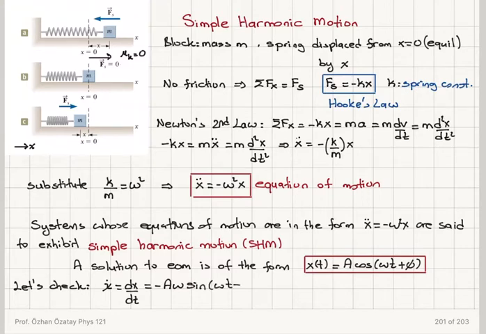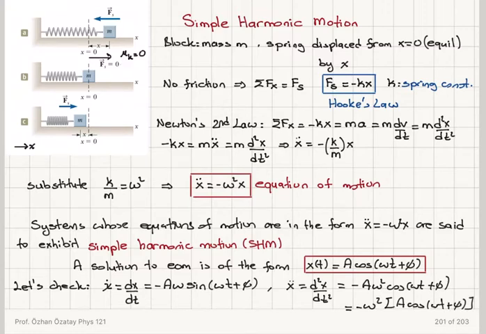So if I take one derivative, x dot, that is dx/dt, I will get minus A omega sine of omega t plus phi. And if I take another derivative, x double dot, the second derivative with respect to time, I will get minus A omega squared cosine of omega t plus phi.